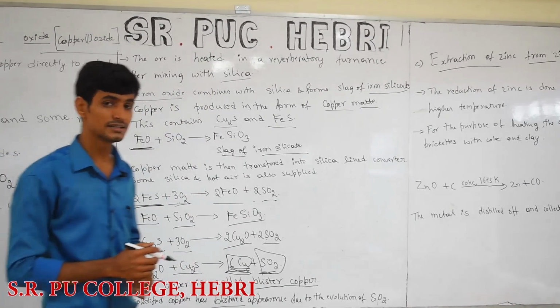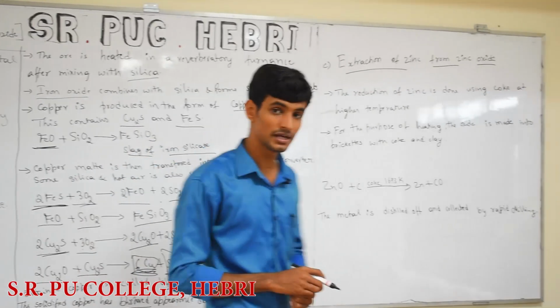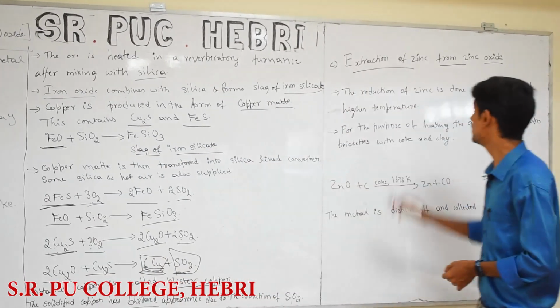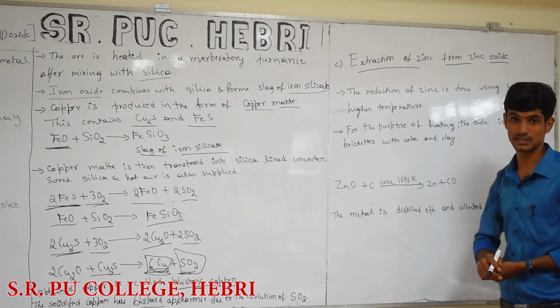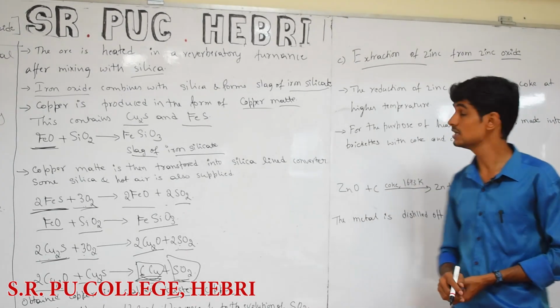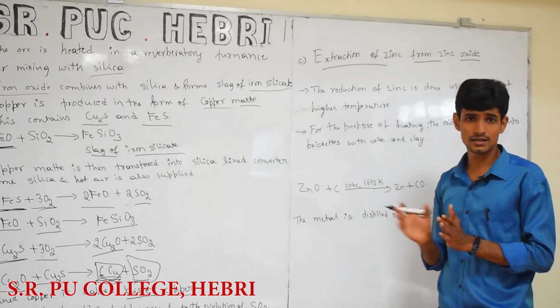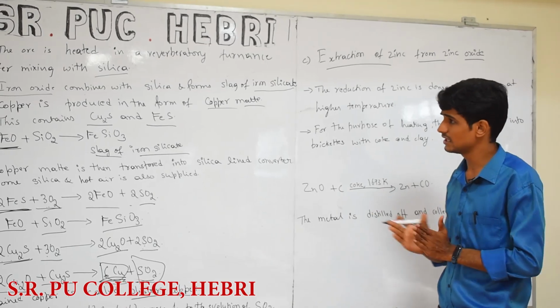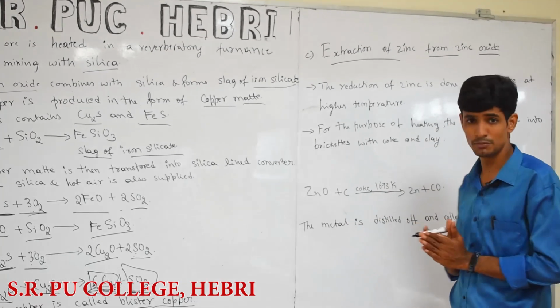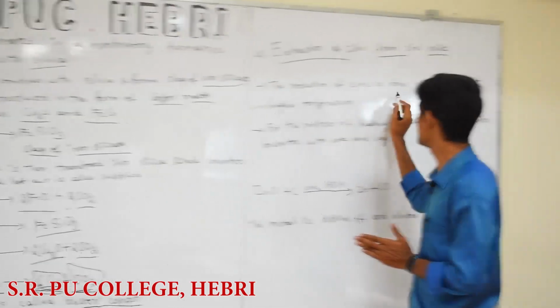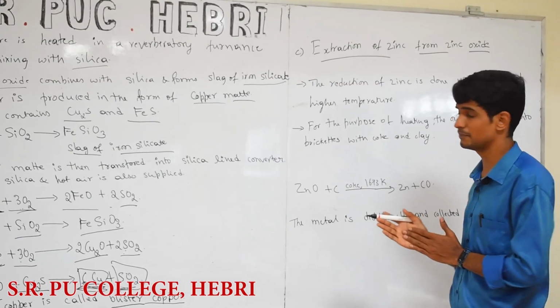Next, the third application of the Ellingham diagram is extraction of zinc from its oxide. This extraction is not a lengthy procedure, it is a very simple one. The reduction of zinc is done using coke at higher temperature.